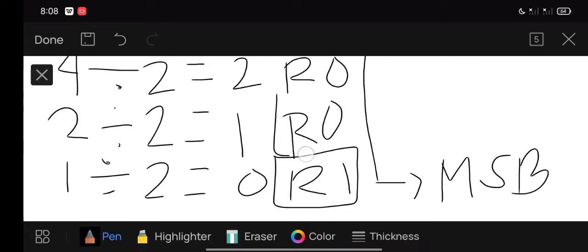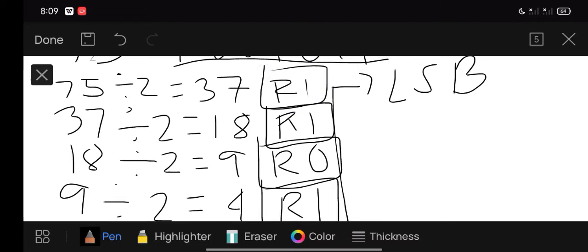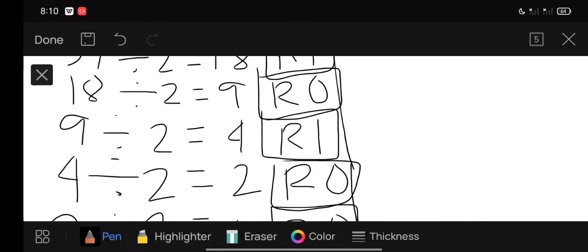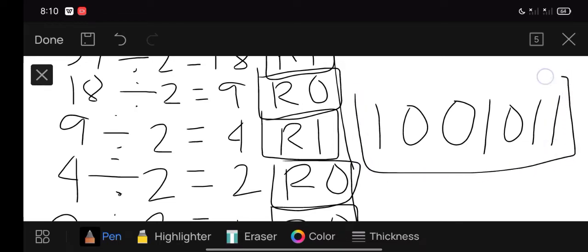If you write it from bottom to the top, it's 1, 0, 0, 1, 0, 1, 1. So hopefully you see that, and so that's how you can get the same answer using successive division.